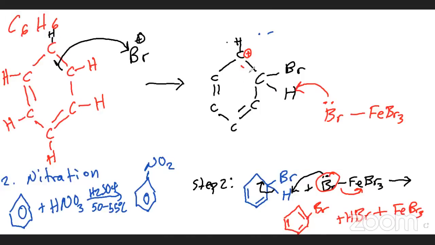So you get back the double bond. Is that clear? Basically moving the electrons from here to here. That is how you get the double bond. And the positive charge will disappear. Is that clear? Yes, sir. And then that forms HBr. That is correct. So, what just happened?